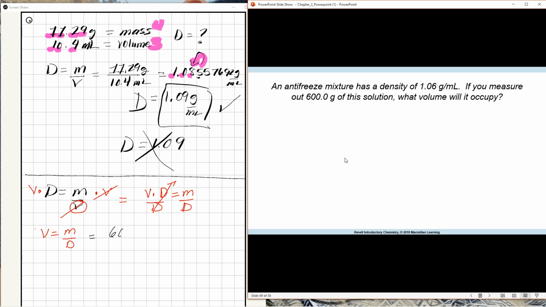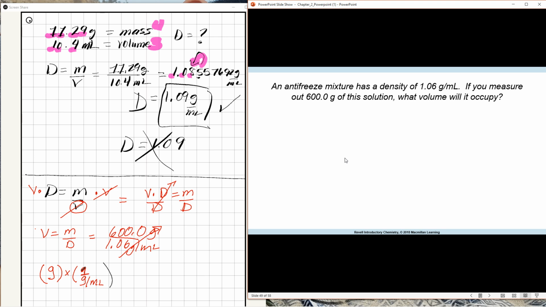When you plug them in, you're going to get your 600.0 grams divided by your 1.06 grams per milliliter. What's going to occur is that grams is going to cancel out with grams, and you're going to be left with milliliters, which is the unit that you want. Now, a little thing about math, because you could see this and you're like, oh my God, how does that even work, if your volume is at the bottom? Well, you have grams times 1 over grams per milliliter.